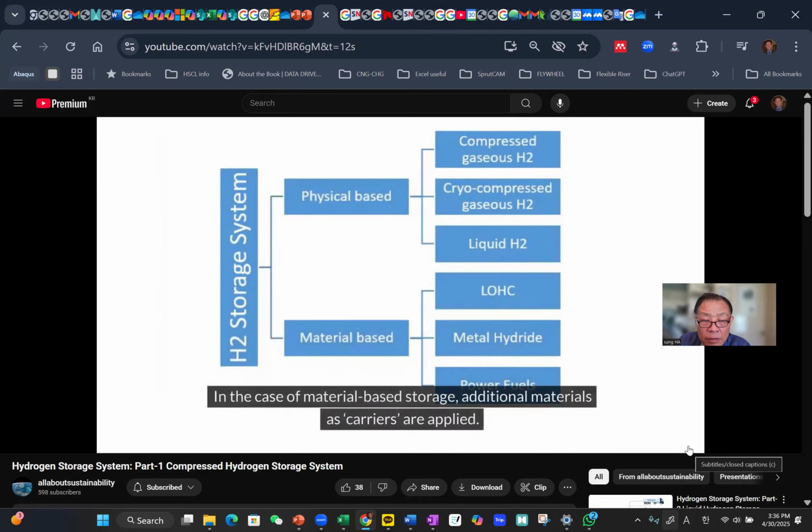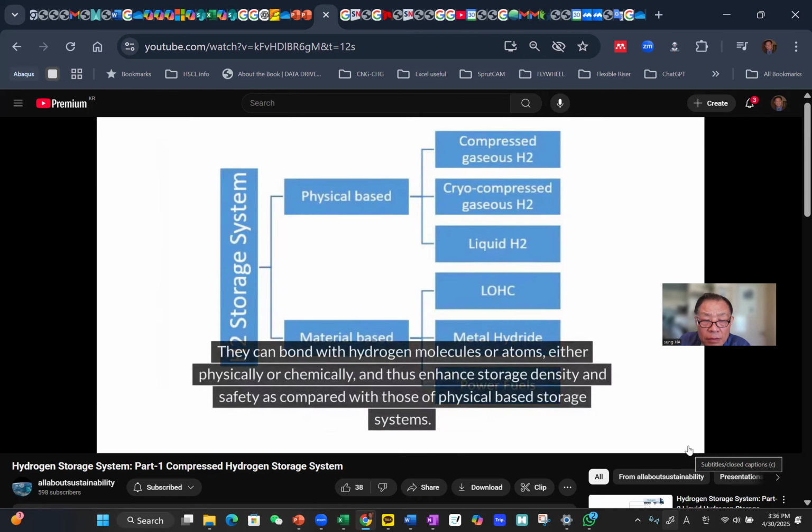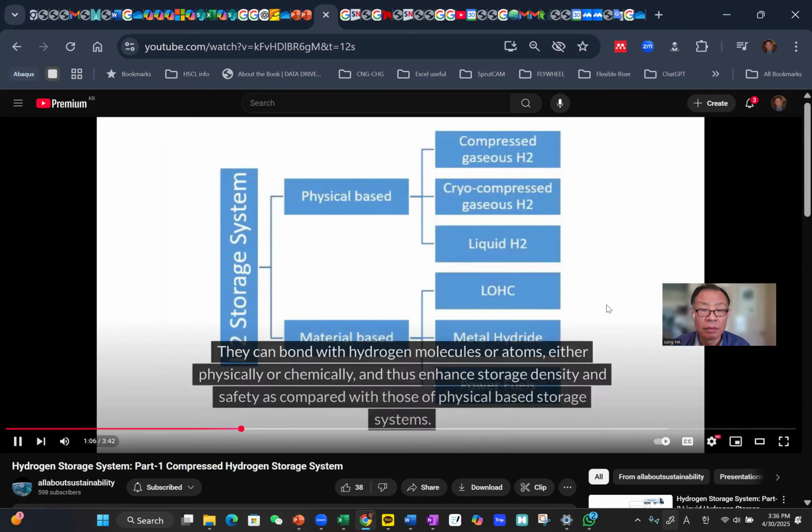In the case of material-based storage, additional materials as carriers are applied. They can bond with hydrogen molecules or atoms, either physically or chemically, and thus enhance storage density and safety as compared with those of physical-based storage systems.